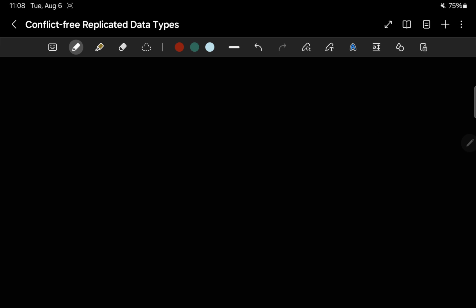So let's talk about the structure we are going to discuss today. First, we will see the introduction. Next, we will talk about what are the different types of conflict-free replicated data types. From now on, we will write CRDTs instead of the very long conflict-free replicated data types.